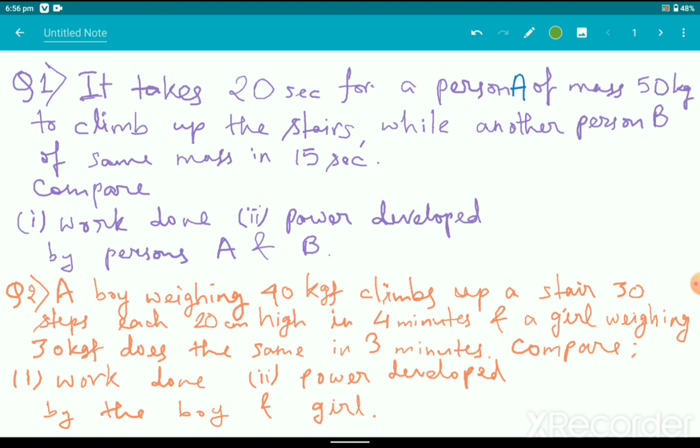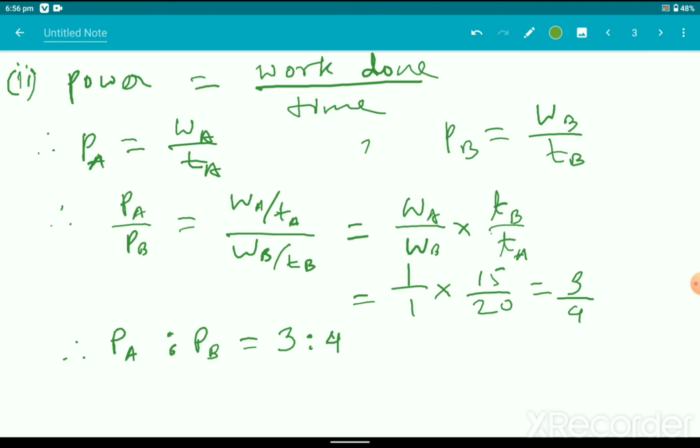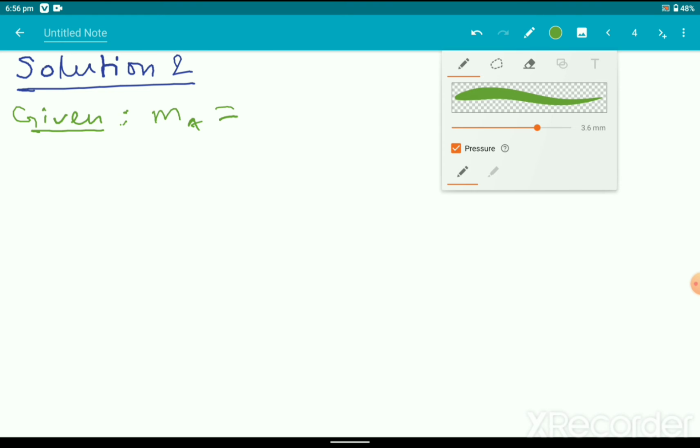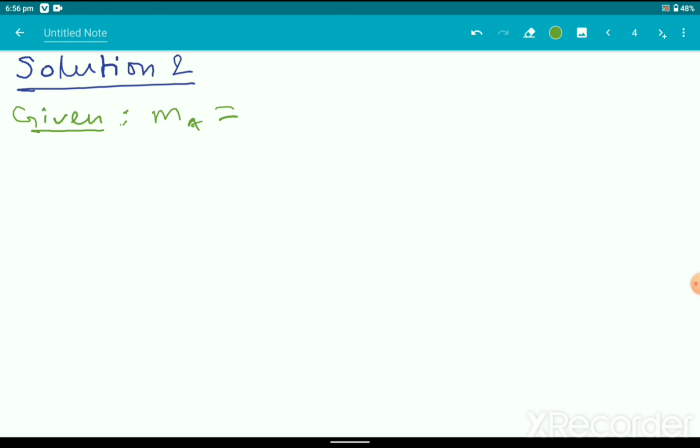Okay, it is the weight that has been given, 40 kg, so let us consider this to be weight, not mass. So weight of the boy is 40 kg. If I convert this into Newton, it will be 40 into 10, that is 400 Newton.